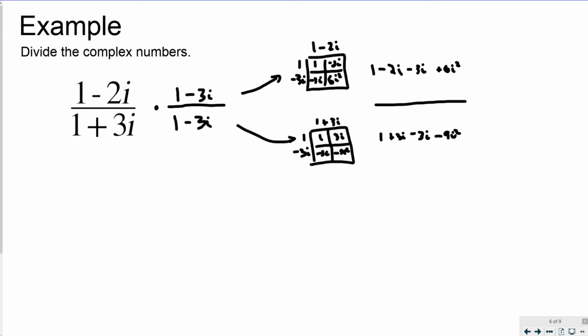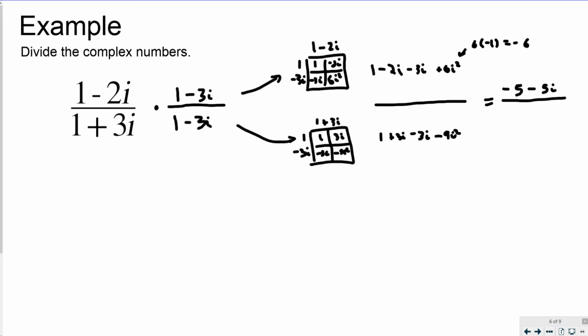So I am going to simplify. On the top, 6i squared is like saying 6 times negative 1, using the property that i squared is equal to negative 1, so I substitute that, which is negative 6. So on the top, really, I have 1 take away 6, or negative 5. And then I can combine the i's as well. Negative 2i minus 3i is negative 5i.